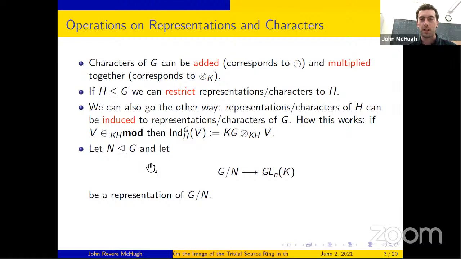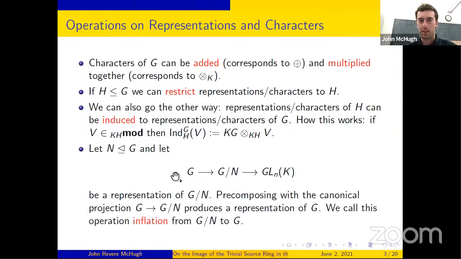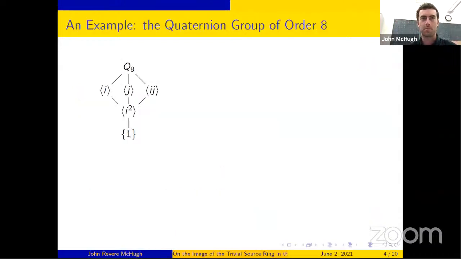There's another operation called inflation, in the situation where you have a normal subgroup N. If you have a representation of the quotient group, you can precompose with the canonical epimorphism to get a representation for G, and that's called the inflated representation. These operations will come back into the story later on.